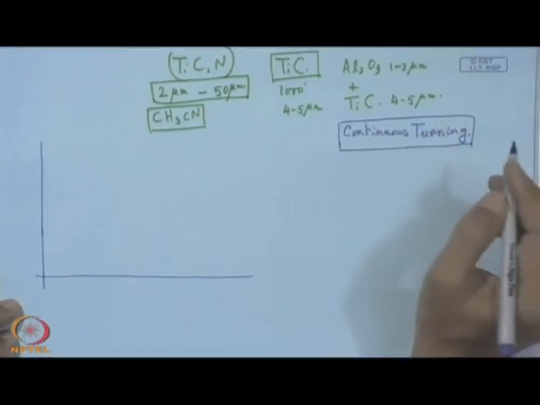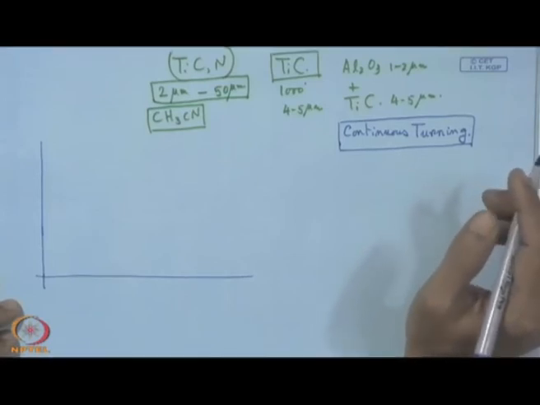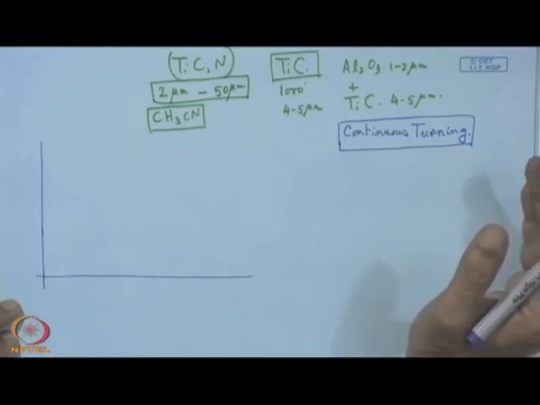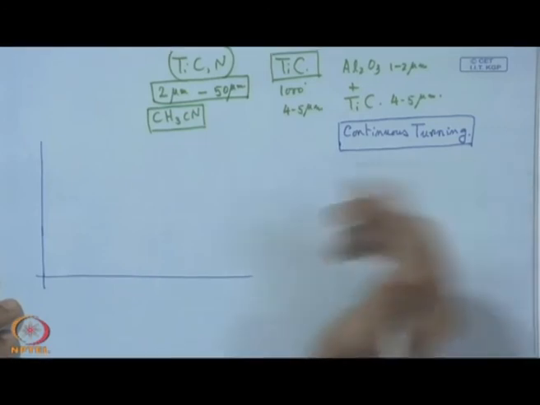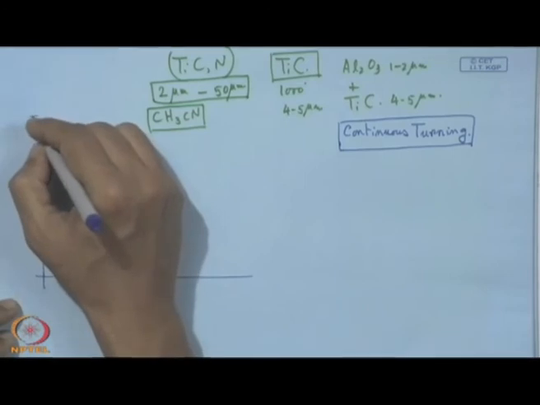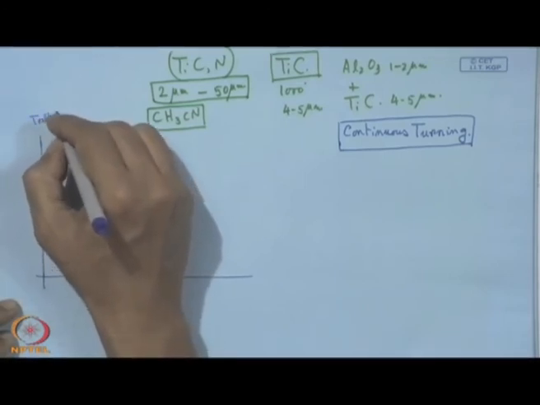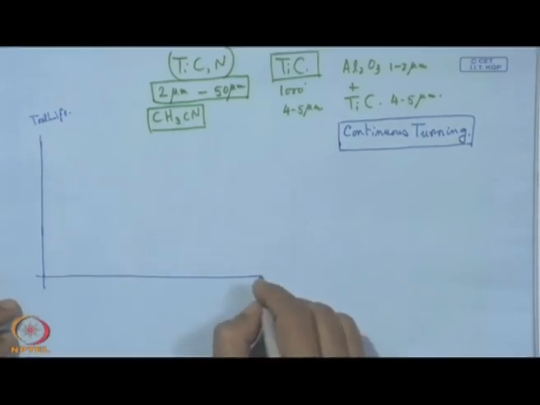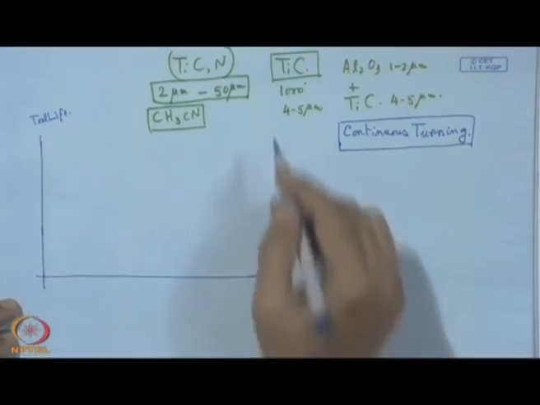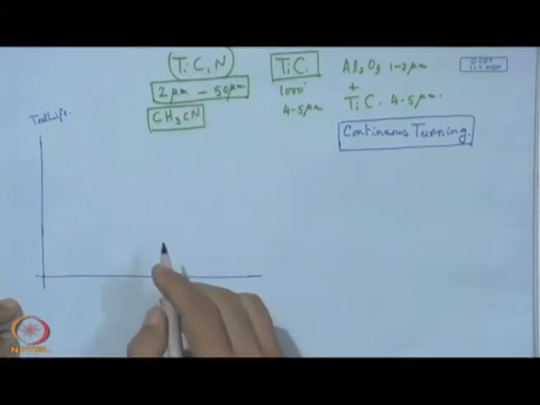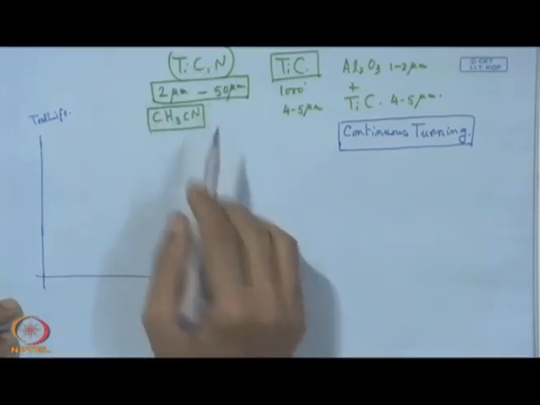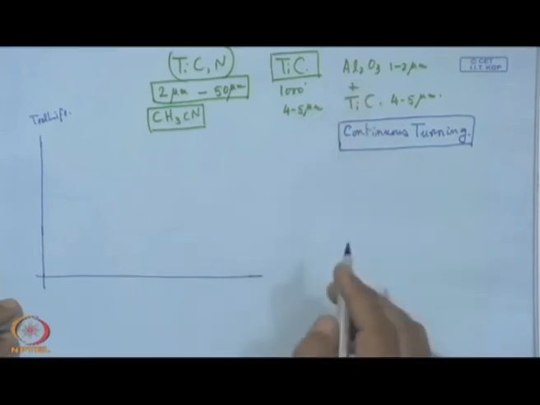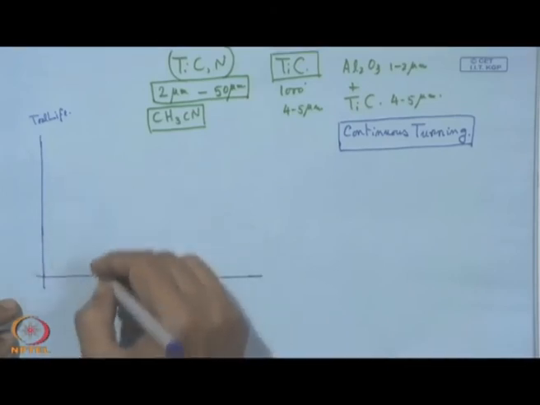It is a ductile material, and industrial speeds, feed and depth of cut have been chosen, and here we put tool life in minutes, and here the coating, 3 coatings, that means one is this TiCN with different thickness, and then we have TiC and this multi-layer coating. So, the plot is something like that.